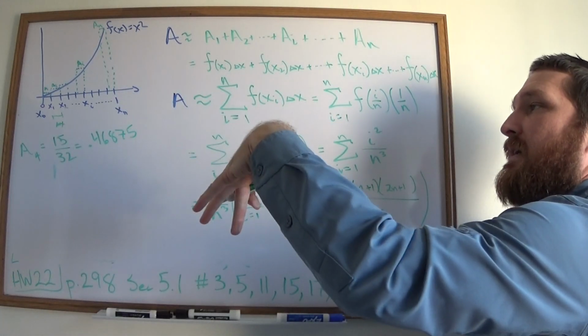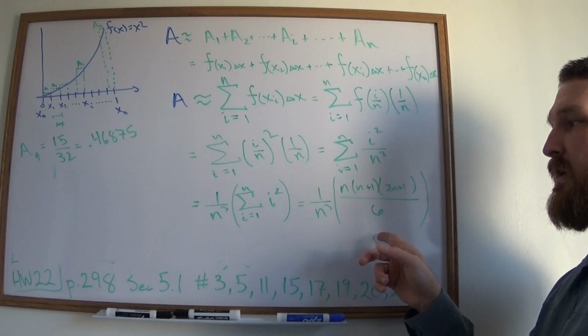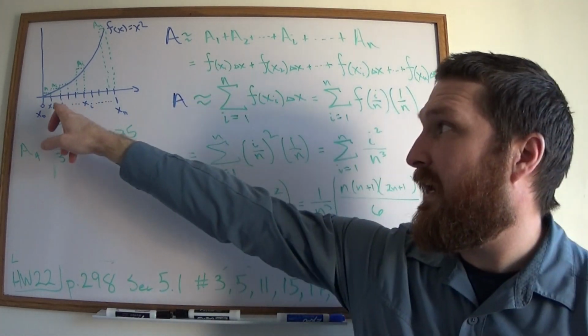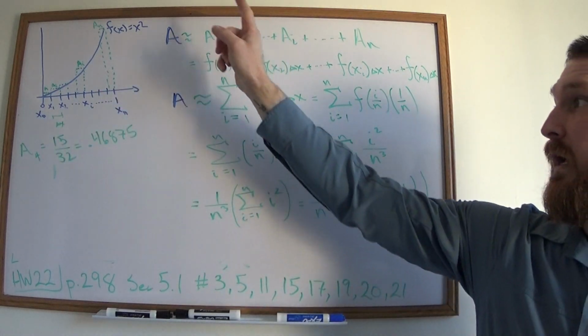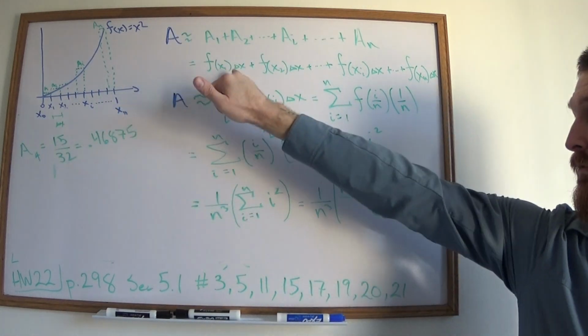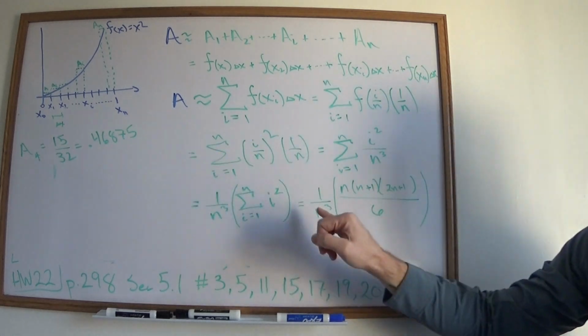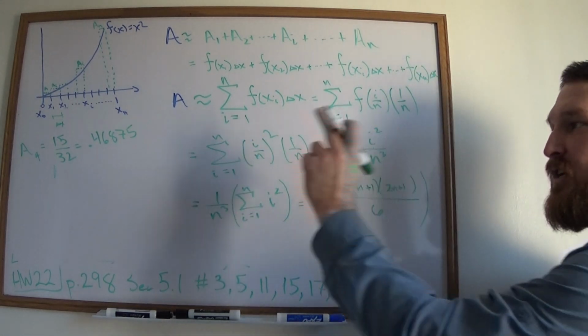That was the overestimate, right? Because I'm starting on x1 and not x0. So if I plug in a 4 for n, that should give me that.